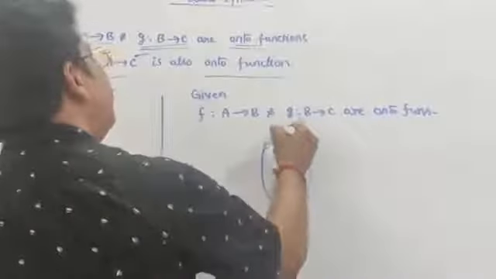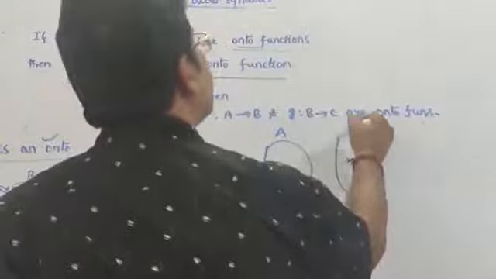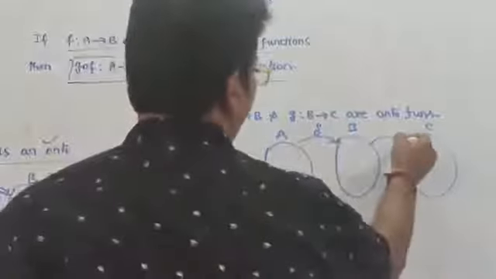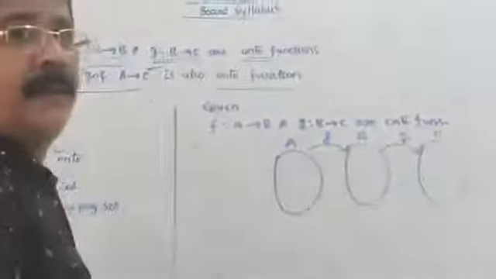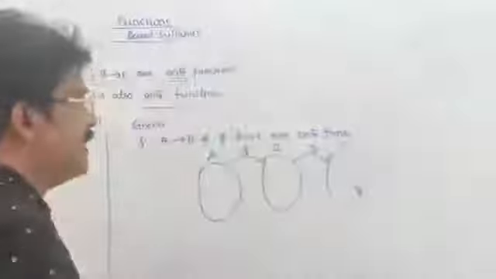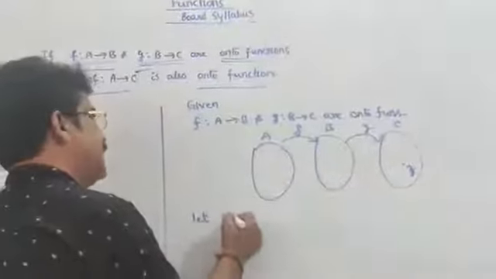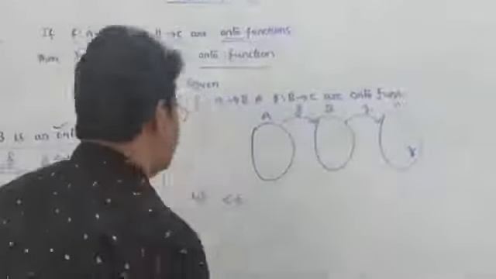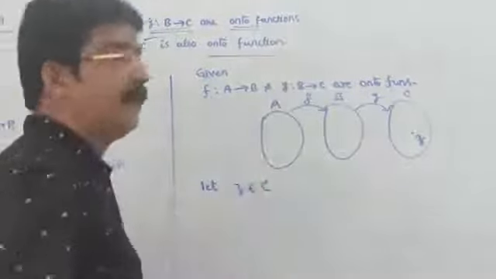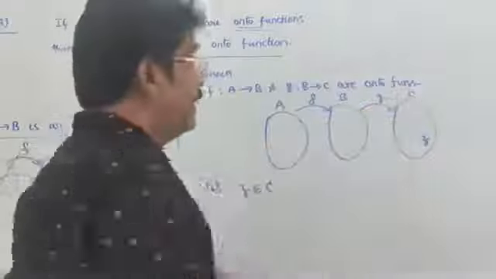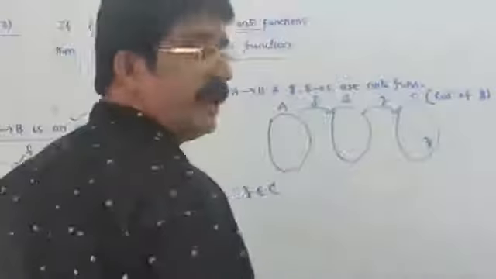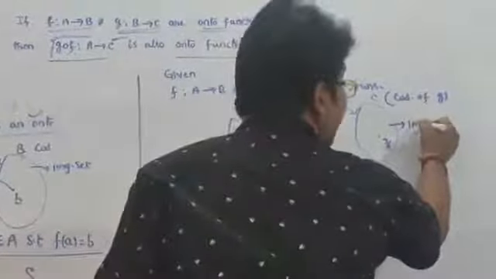Here, this is capital A, this is capital B, capital C, A to B is F, B to C is G. Here, we are assuming some z in C. Let the element be z. z belongs to the codomain of G. Codomain of G means image set.